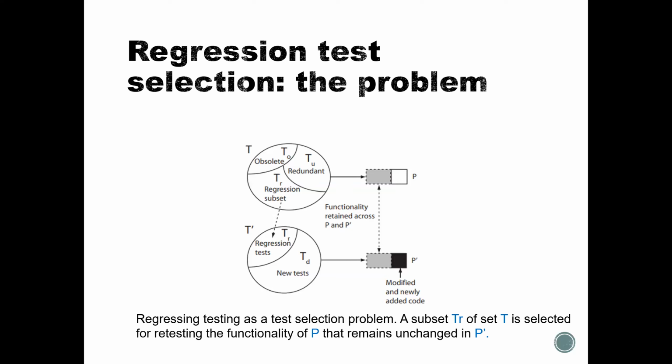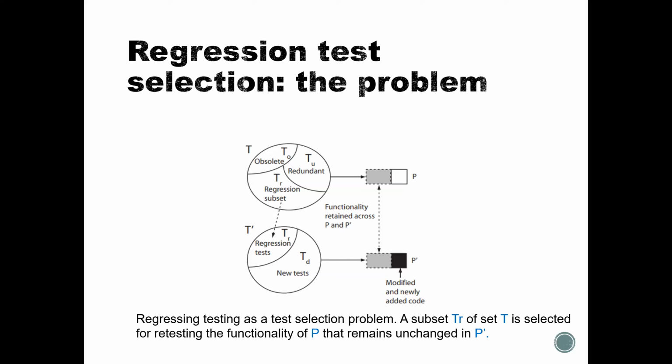Moreover, this P dash must also be tested to ensure that the newly added feature also works correctly, and this can be done by developing certain new test cases which we are representing as new test TD. So the basic objective here is that P dash is going to be tested against T dash, and T dash is basically a union of TR, the regression test, and TD, the new test.